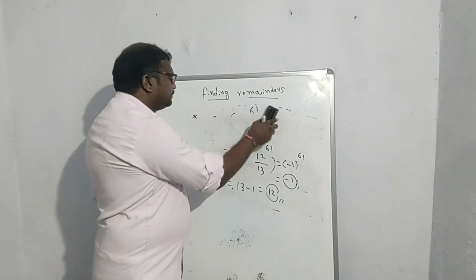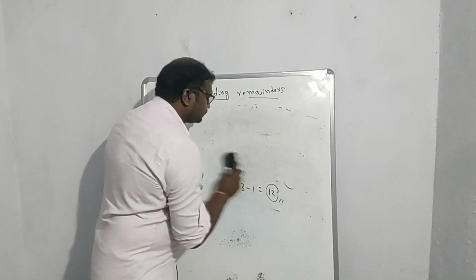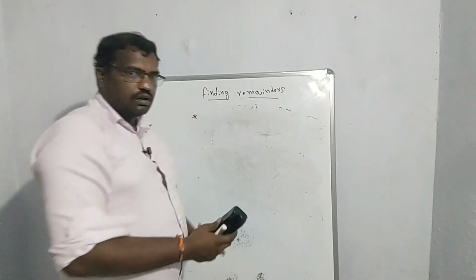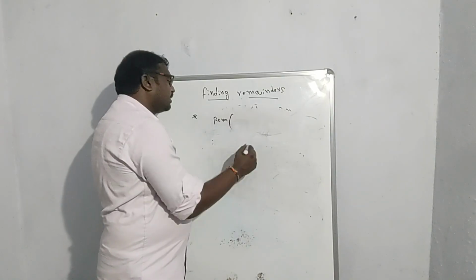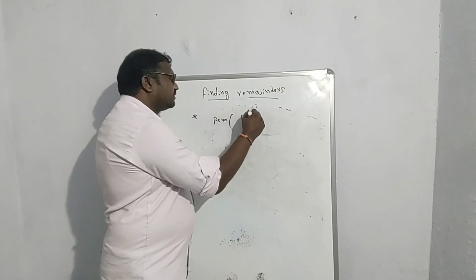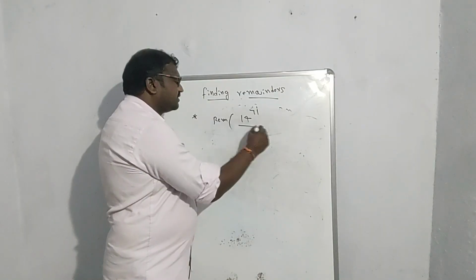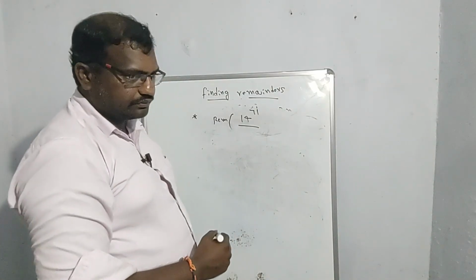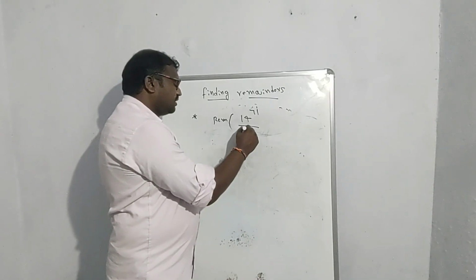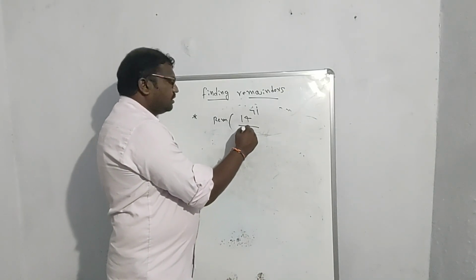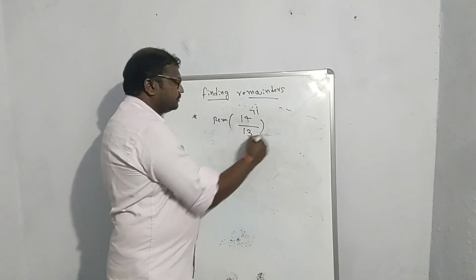So I will take one more problem. Remainder of 14 power 71 divided by 13.